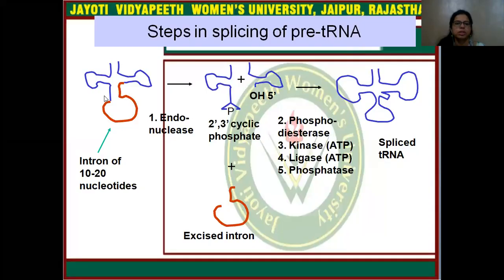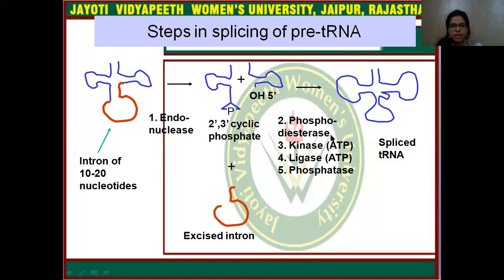Here you can understand it more through this diagrammatic representation. This is the intron region, in brown color, of 10 to 20 nucleotides. First of all, the endonuclease enzyme attacks this and creates 2',3' cyclic phosphate at these two regions, and this is the excised intron region, which is a non-coding region.